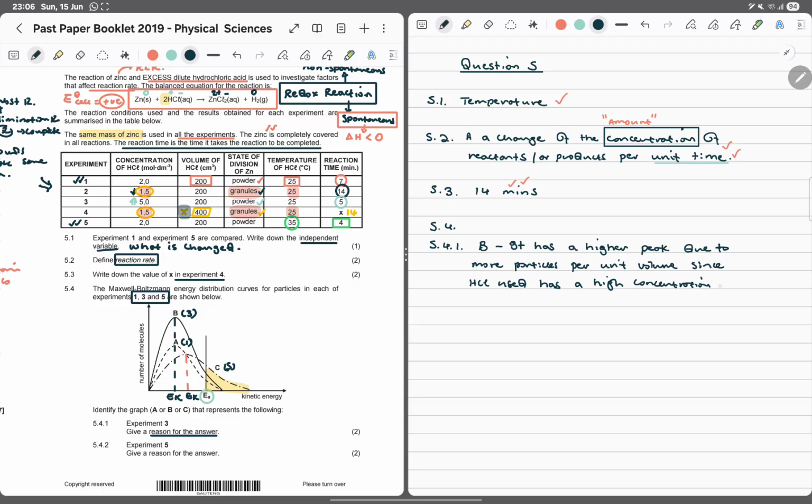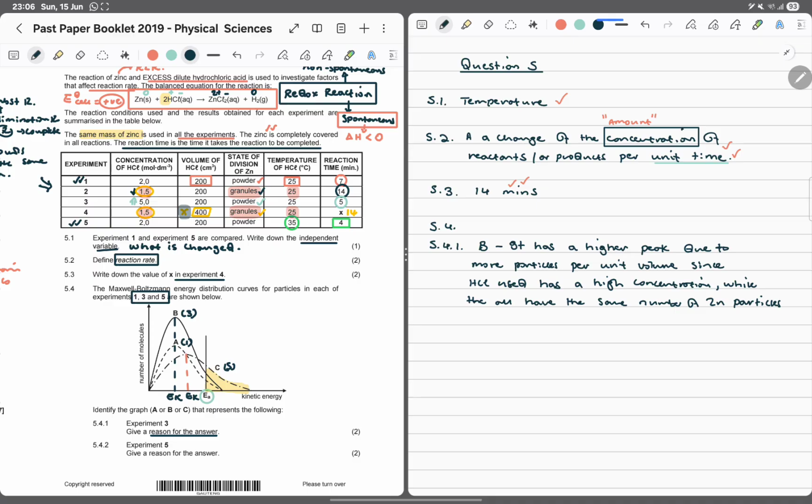While they all have the same number of zinc particles. All right, so this is the one. I don't know why my writing man always just switches off.